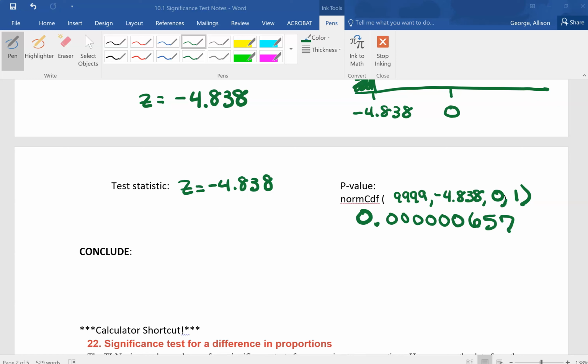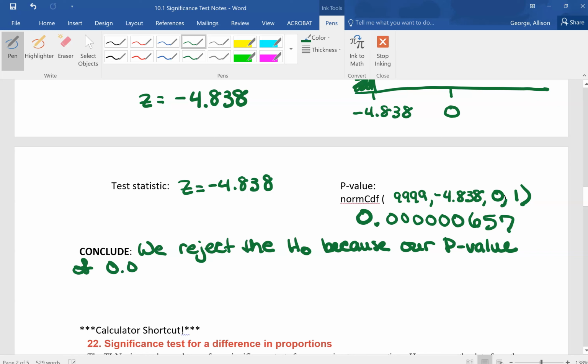So we reject the null hypothesis, because our p-value is smaller than our alpha.